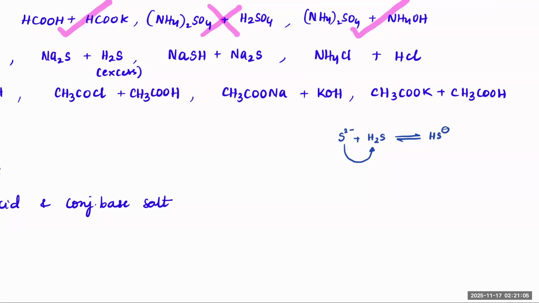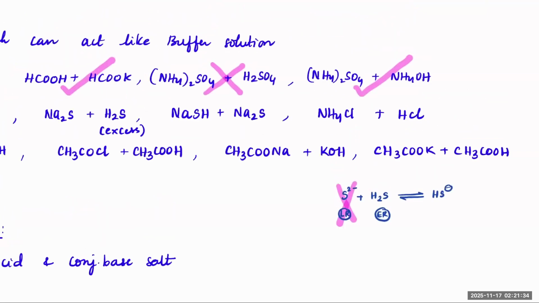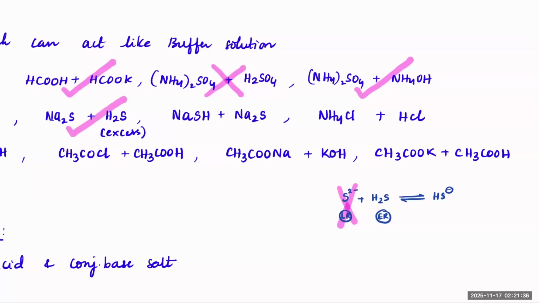Since this is the limiting reagent and this is the excess reagent, it will not be left in the solution after some time. What is left in the solution is H2S and HS minus. You know that H2S is a weak acid and HS minus is a conjugate base salt. Hence, this is a buffer solution.